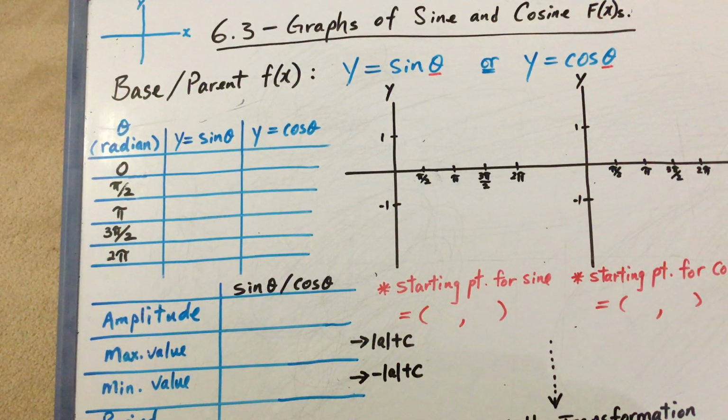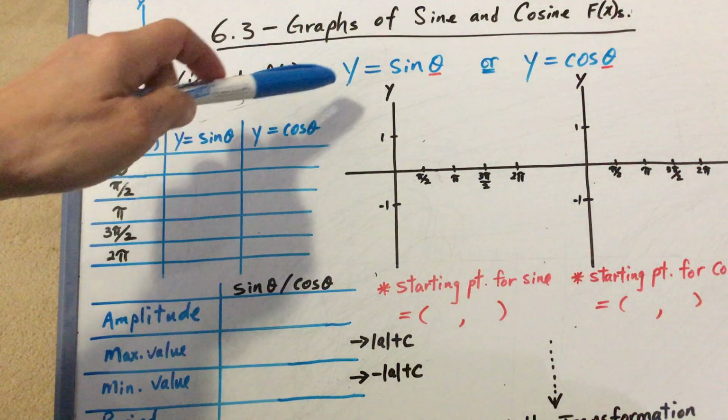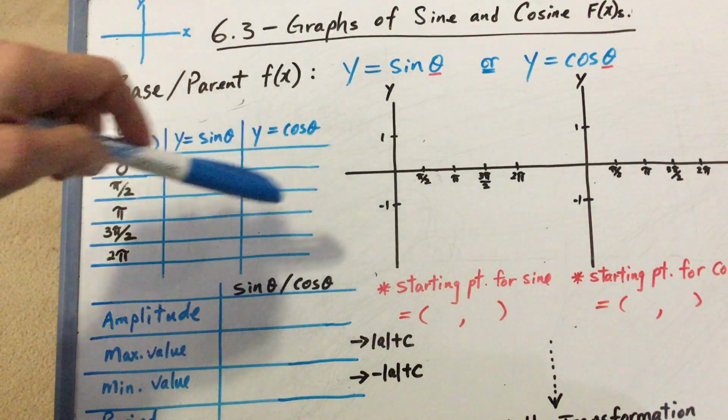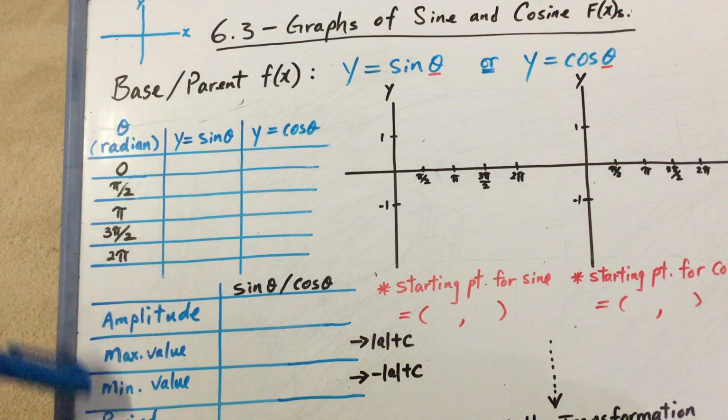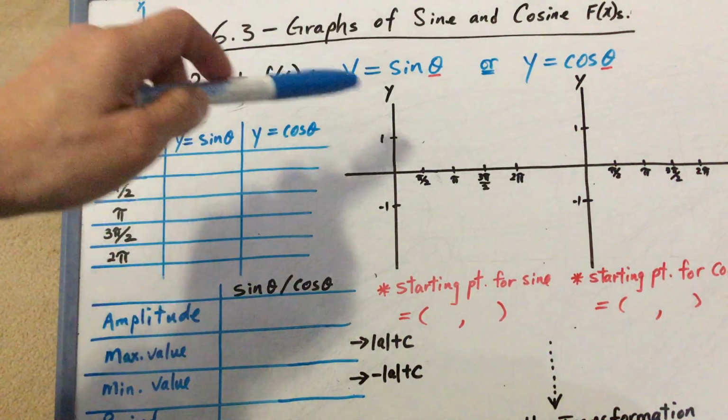Just a quick review: we all know that every sine or every cosine has a period of 360. We'll go further into the review of how to determine the period of each cycle.